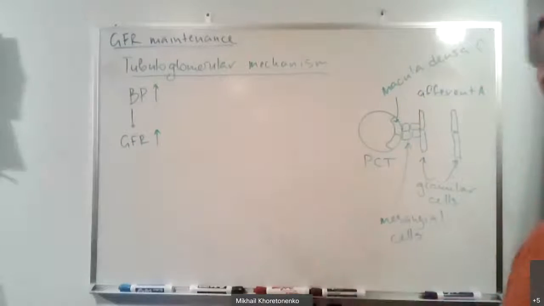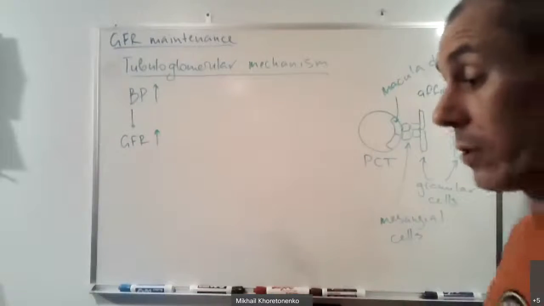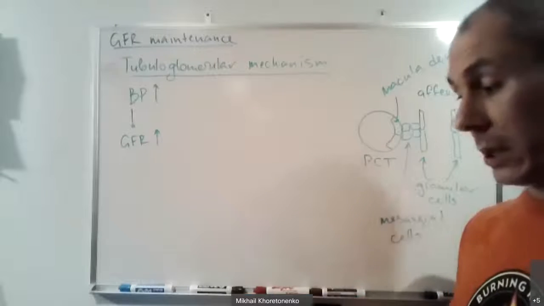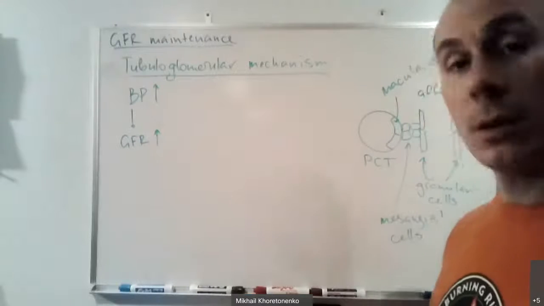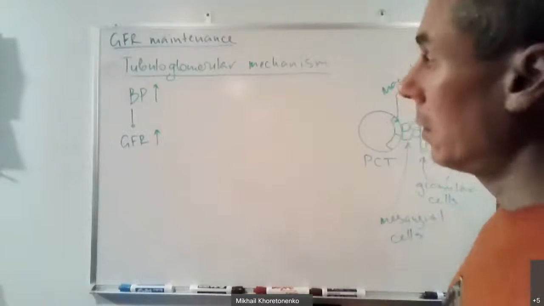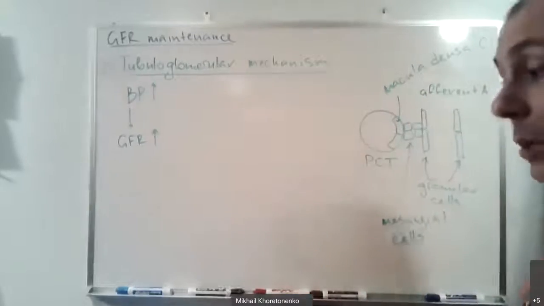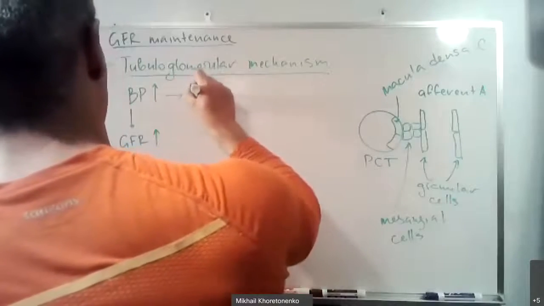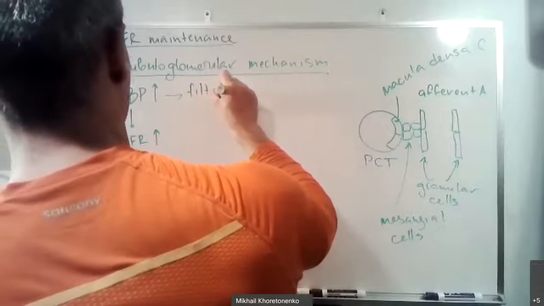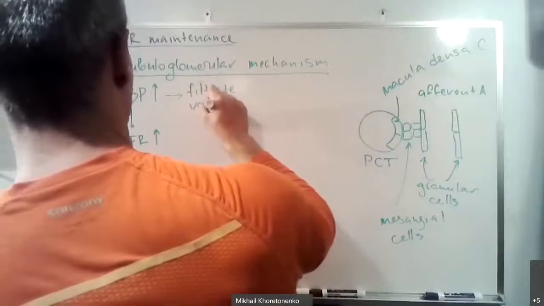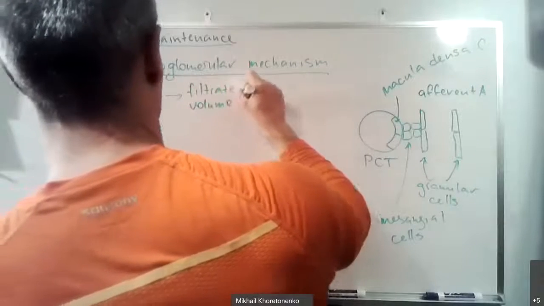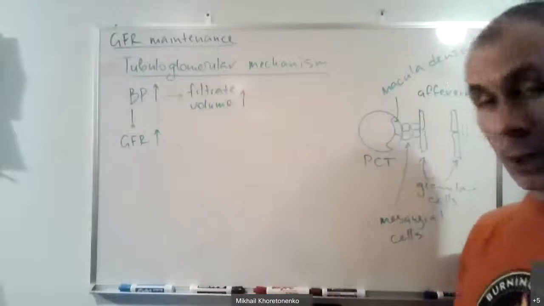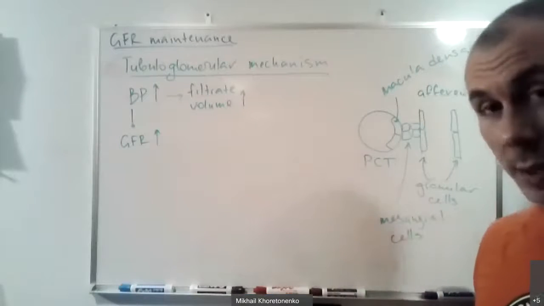Now, this is going to have a lot of steps, so I'm going to check with you on each and every step to make sure that we are following together, okay? Does that make sense? So when blood pressure goes up, the filtrate volume initially also goes up. So you start making more filtrate initially. Does that make sense?